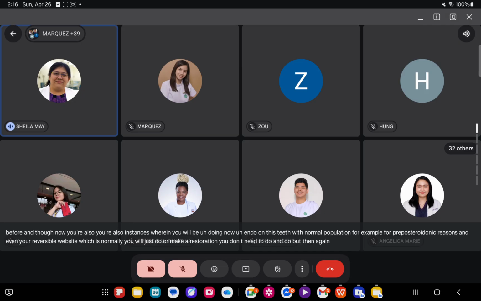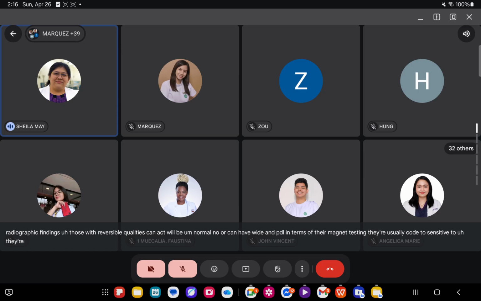But for some instances, prosthodontically, you will need to do endo on them. That's why they're also included here as a possible condition which could undergo root canal therapy. Now, in terms of radiographic findings, a tooth with reversible pulpitis can be normal or can have a widened PDL. In terms of thermal testing, they're usually sensitive to cold, almost always positive to cold.